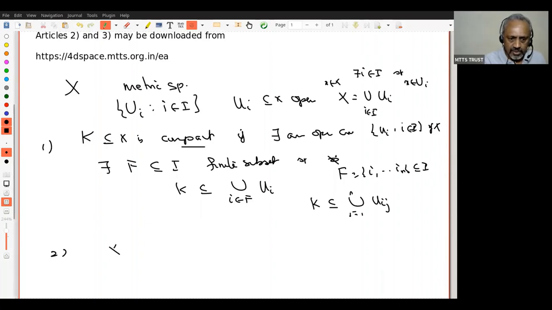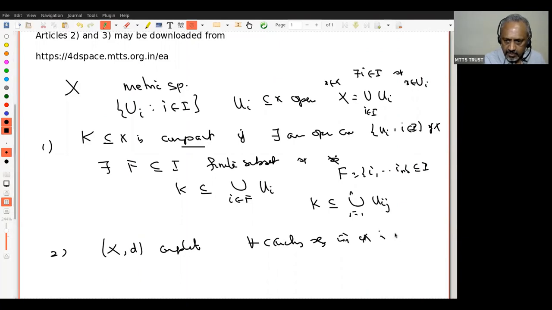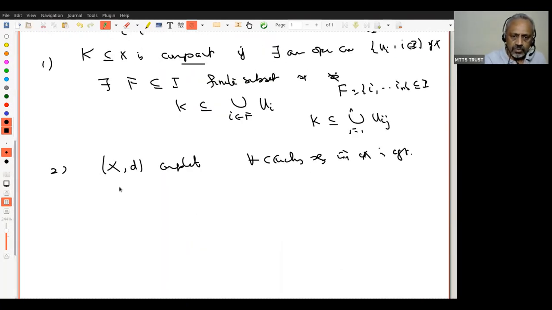Next, when do I say a metric space X is complete? If every Cauchy sequence is convergent in X. The same thing if K is a subset of X, then when do I say K is complete? Look at the metric space (K, d); this is complete.